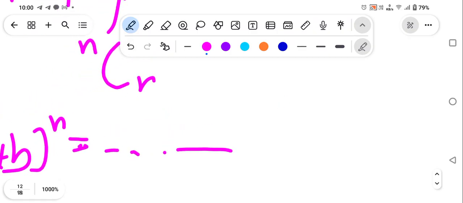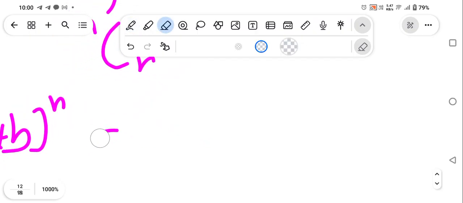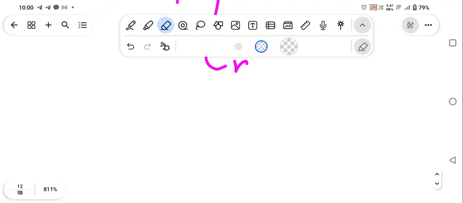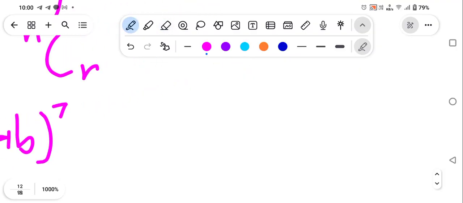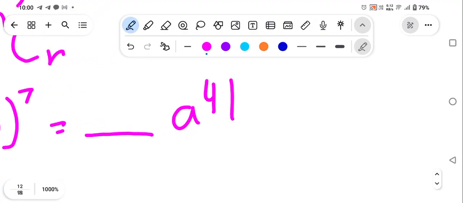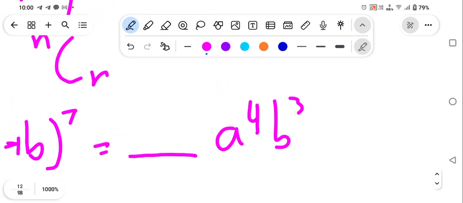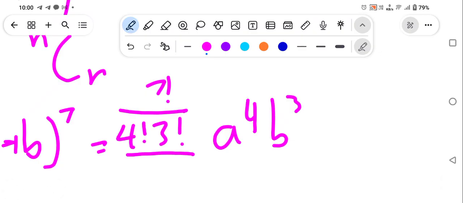What is the coefficient of this term? Alright, so let's say we have (a plus b) to the power 7, right? I want to find the coefficient of the term a to the power 4 b cubed. So you already know we have 7 factorial, and we choose 4, and we have 4 a's and 3 b's.